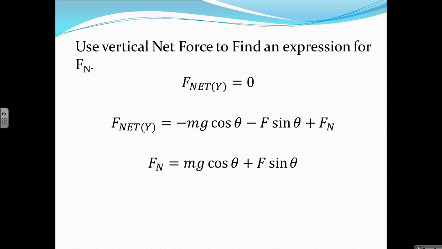Rearranging this a little bit, we can see that our normal force is equal to mg cosine theta plus F sine theta. We need to write an expression for our normal force because we'll need it in the horizontal or parallel direction, because it's a component of the frictional force.